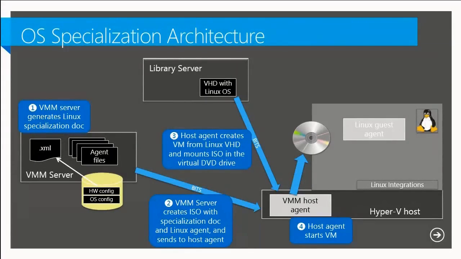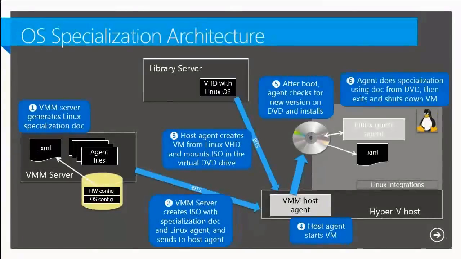Our VM boots up, and then the agent starts up, checks and sees if there's an upgrade available for it on the DVD drive. If so, it upgrades, and then it reads the configuration, runs through the configuration, and then shuts down the VM to signal VMM that it's done.